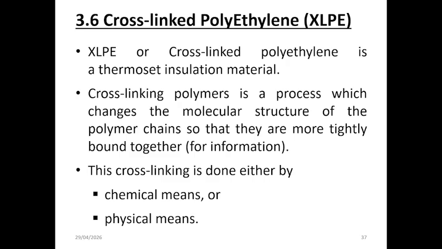So this slide introduces XLPE as a modern thermosetting insulation material used in cables. XLPE is produced by a process called cross-linking, in which the molecular structure of polyethylene chains is modified so that they become more tightly bonded together.